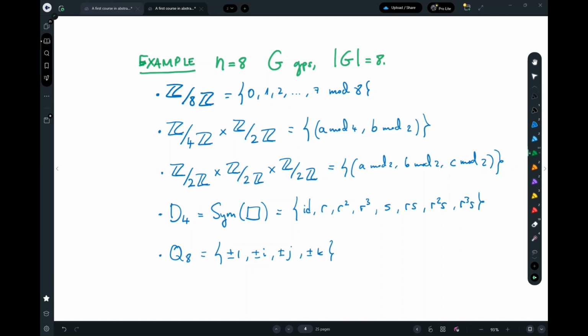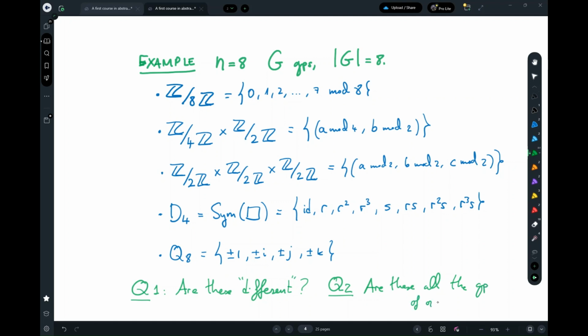And now the question is, first, question 1, are these different? And in what sense? And question 2, are these all the groups of order 8?